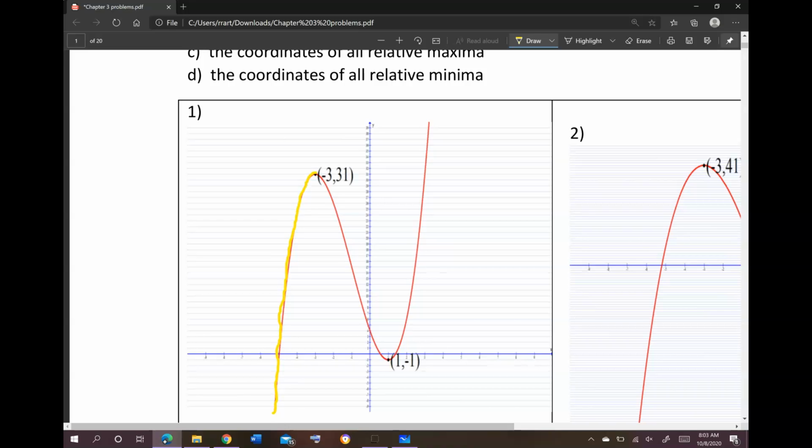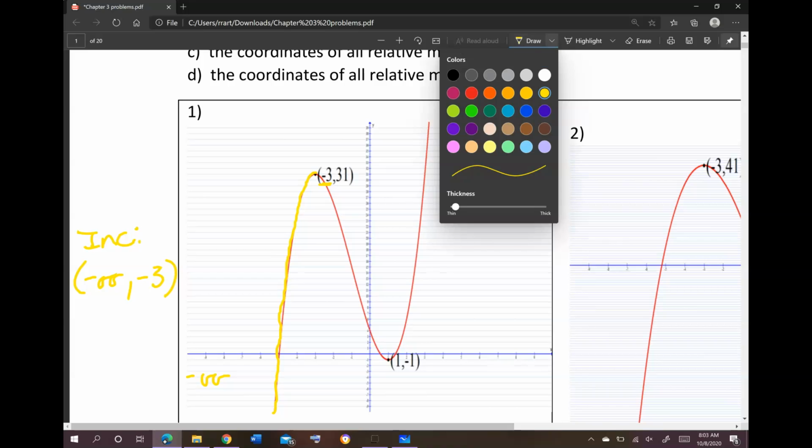What happens at this point right here? At that point, I stop increasing, don't I? So I started increasing from negative infinity, and I stopped at -3.